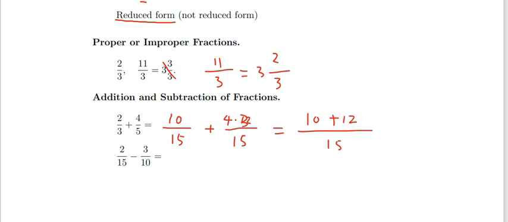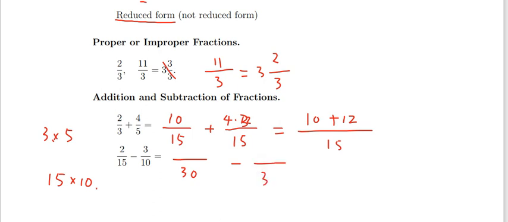Here the denominators are 15 and 10. For 3 and 5, the common denominator is just 3 multiplied by 5. But for 15 and 10, we don't need 150, which is 15 times 10. We just use 30, which is enough. We call this 30 the least common denominator.